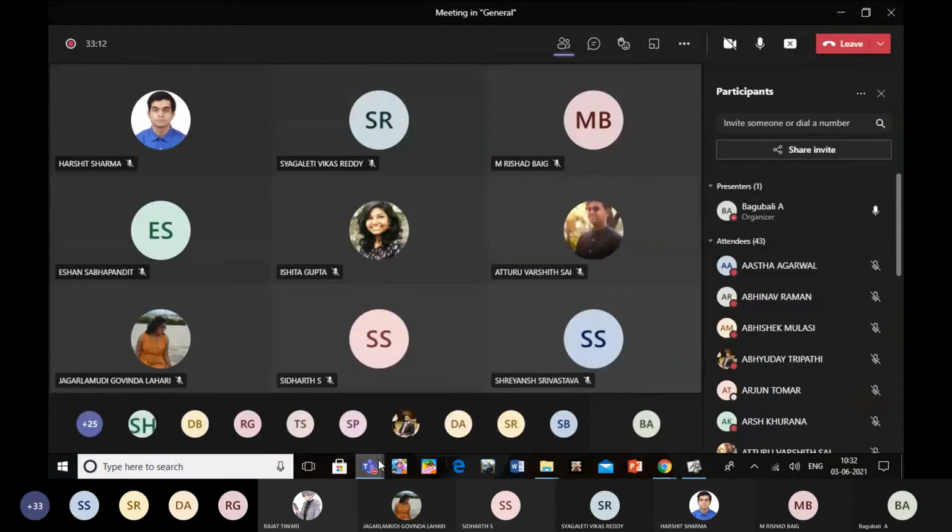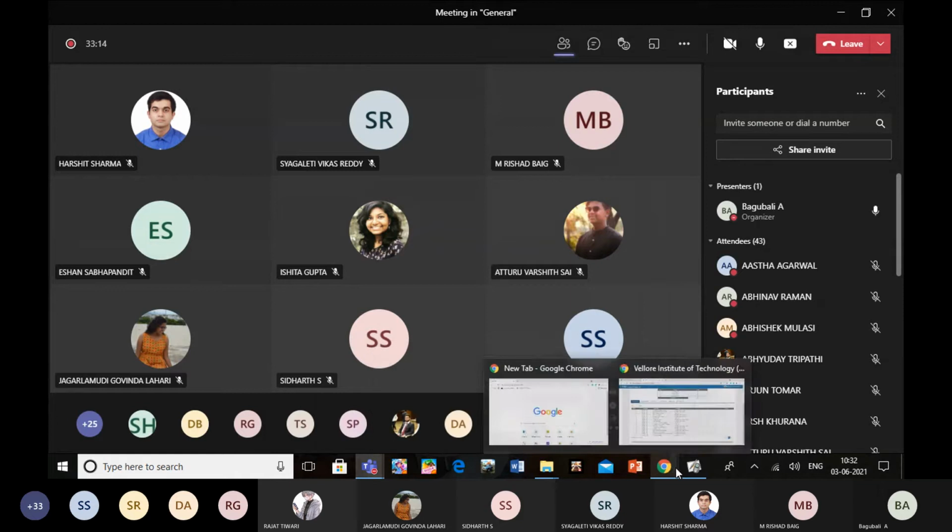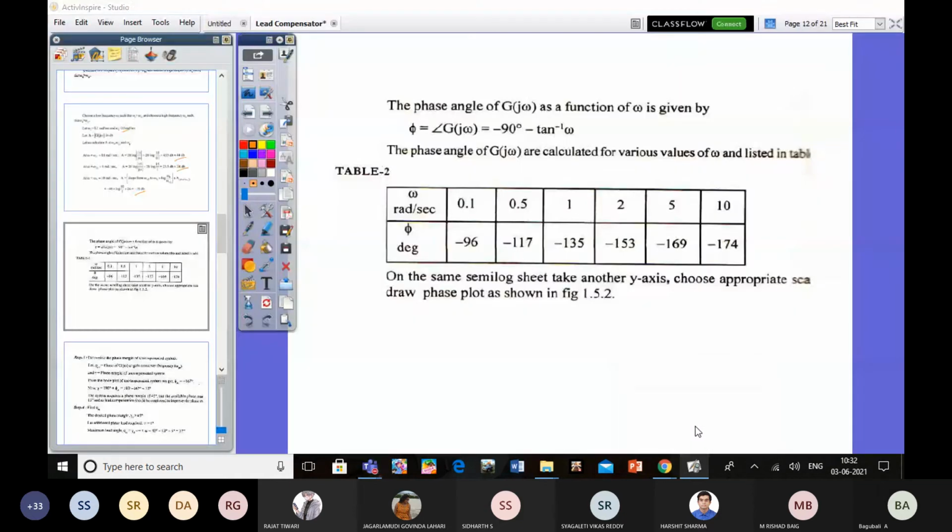So next thing, all of you have written the answers, the phase angle values. After writing the phase angle, you have to draw the Bode plot.